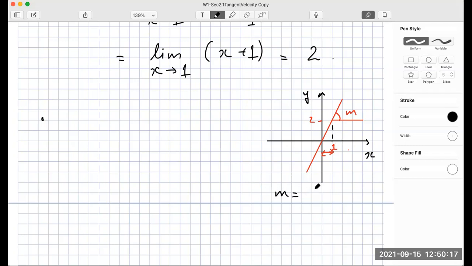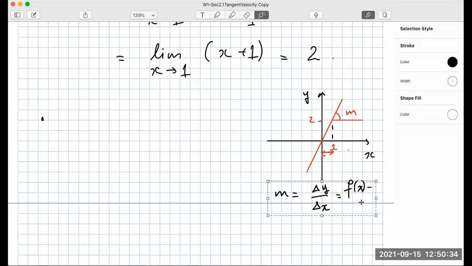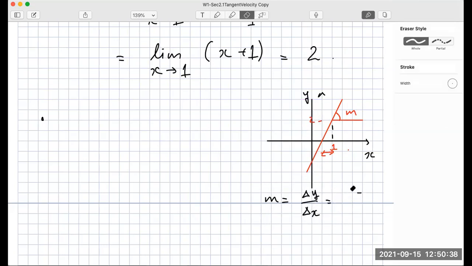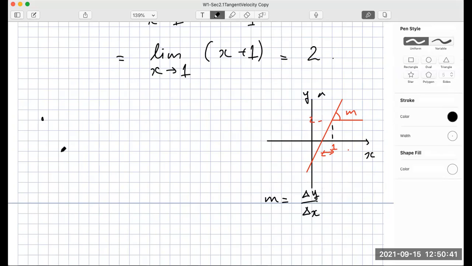Then m is delta y over delta x, which is f of x minus, in our case, sorry. So we use, I don't remember the name of the line equation, the point slope form of the equation of the line.